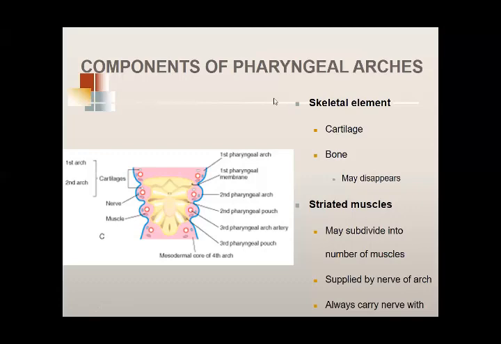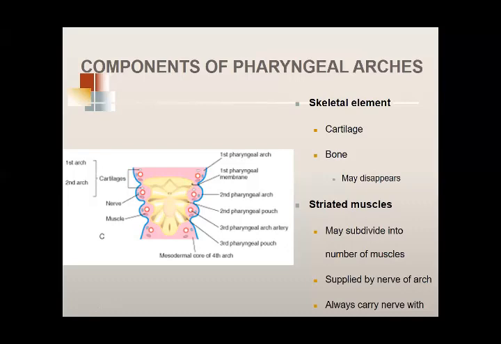Let's move ahead. अच्छा जी, अब components of the pharyngeal arches. देखो बेटा, ये pharyngeal arch है, solid part, condensed mesenchyme. It has 4 components. Every arch has its own skeletal component.